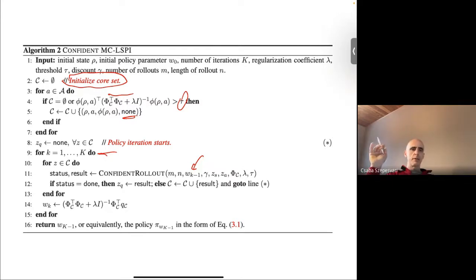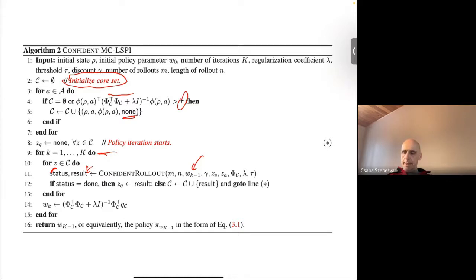Either the procedure is going to say they're all good, then the result is a valid result. So we are doing this rollout for every element of the core set, and we get back a status and a result.